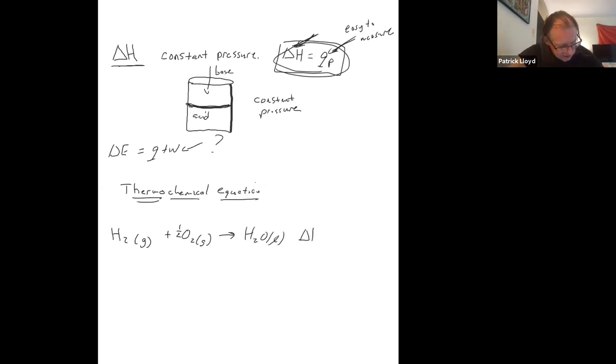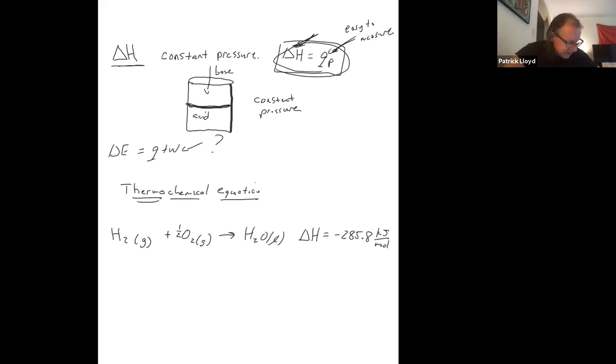It's a balanced equation, and then it's going to have delta H associated with it, something that has been measured. Okay, so minus 285.8 kilojoules per mole. This is an example of a thermochemical equation.